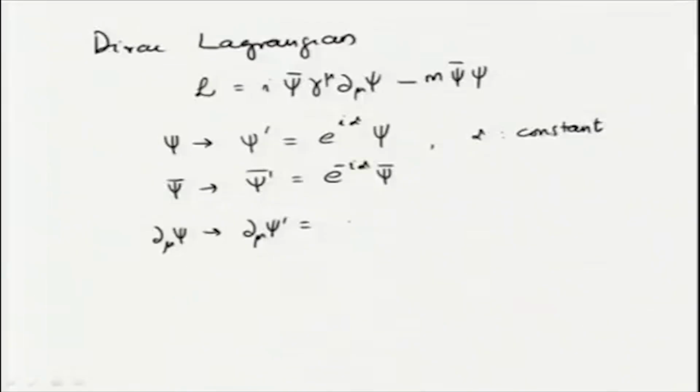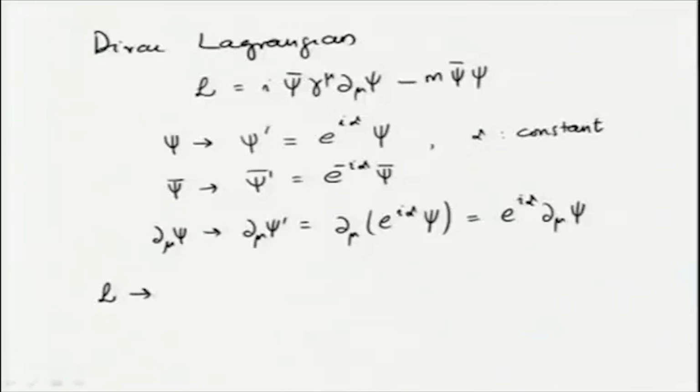So, this will now be the derivative acting on the transformed field, which is the old field with exponential i alpha pre-multiplying it. The first factor exponential i alpha is independent of space time coordinates, because alpha we have taken as a constant. So, that will not be affected by this, and then we have essentially e power i alpha dou mu psi.